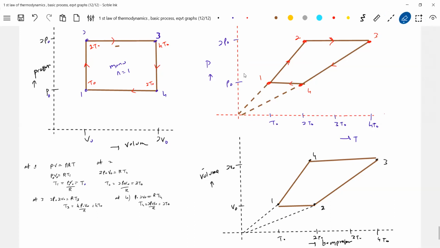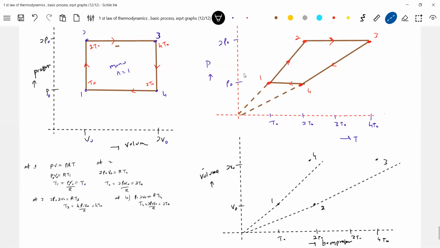I'll redraw it, because we are not drawing up to scale, it will be like this only. Okay, we'll reset it.